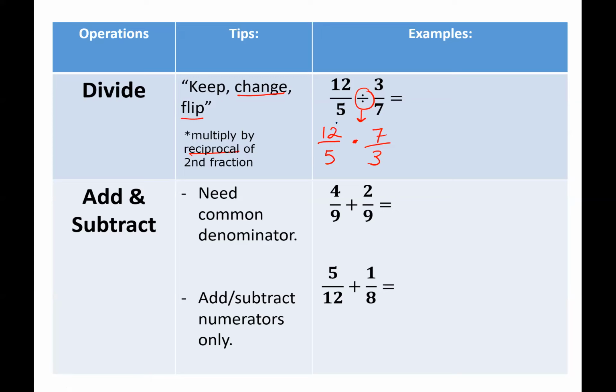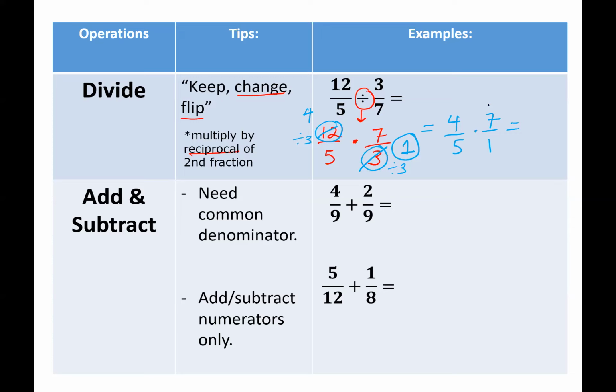So what we can reduce here is the 12 with the 3. These two numbers have a 3 in common. We can divide by 3. This becomes 1. 12 divided by 3 becomes 4. So now when I rewrite this, it's 4 over 5 times 7 over 1.